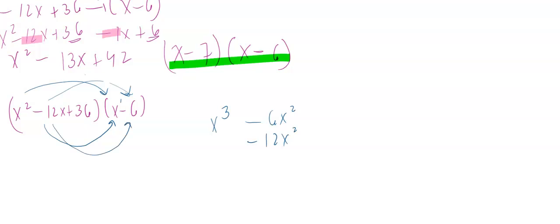Negative 12x times a minus 6 is a positive 72x linear. All right, now I'm going to finally take my last term in the trinomial and multiply it by the binomial. 36 times x is a plus 36x, so that's an x linear. And then 36 times a negative 6 is a minus 216.